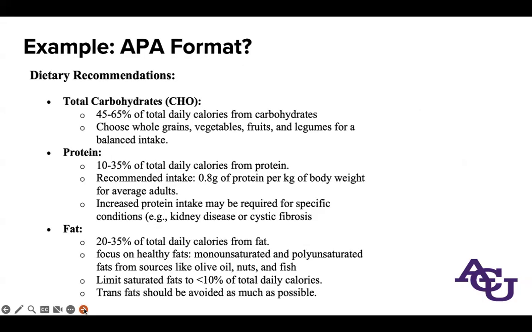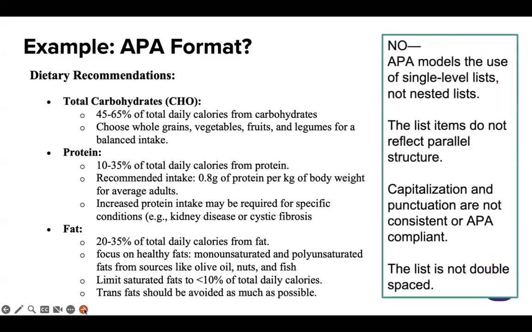Now, here's an example of a list that starts to respond to this. The question is, is this an APA format? The answer is no, it's not an APA format. First off, APA models the use of single level lists.